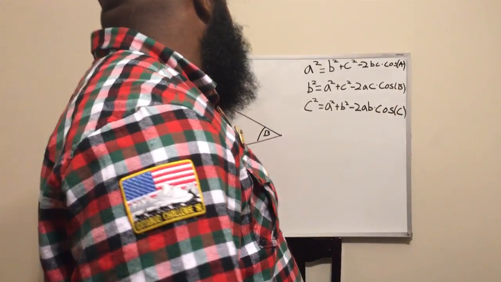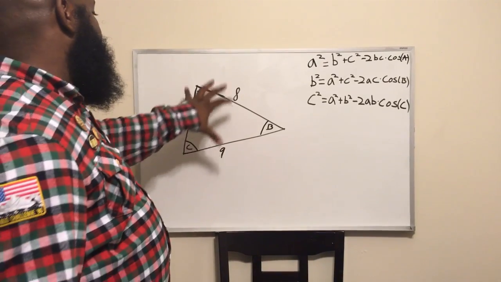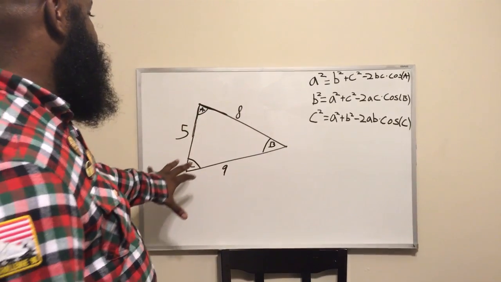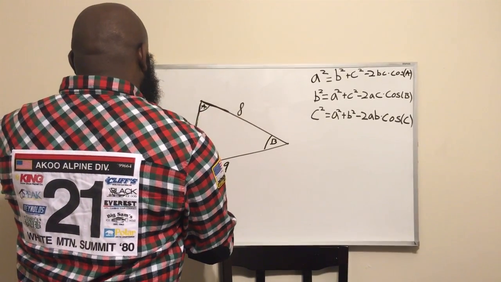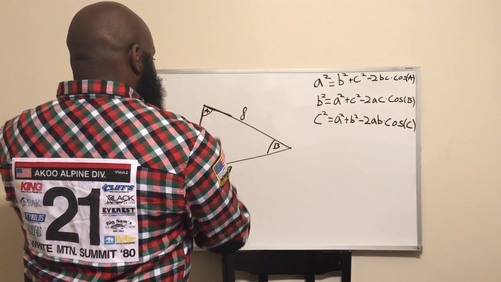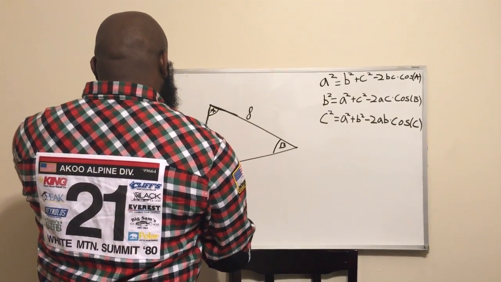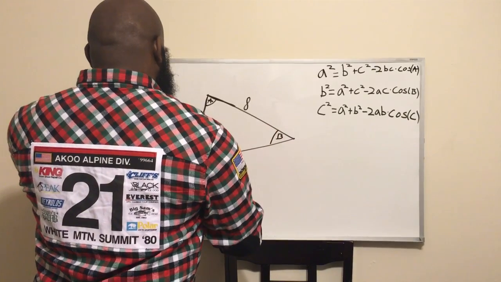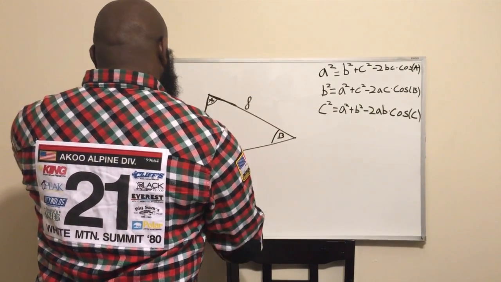In the second example, we have a triangle where all of the sides are known. Let's identify them. Side A is 9. Side B is 5. Side C is 8.